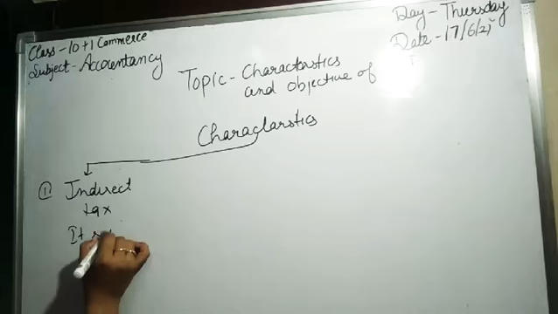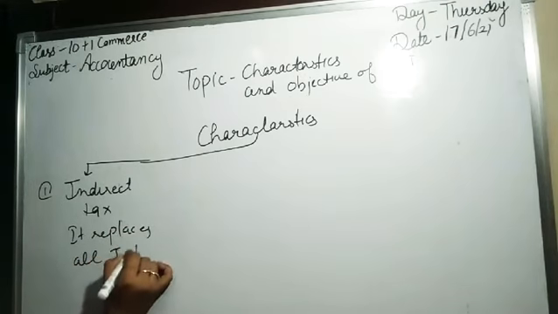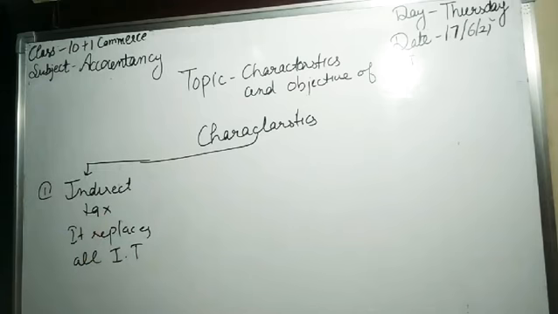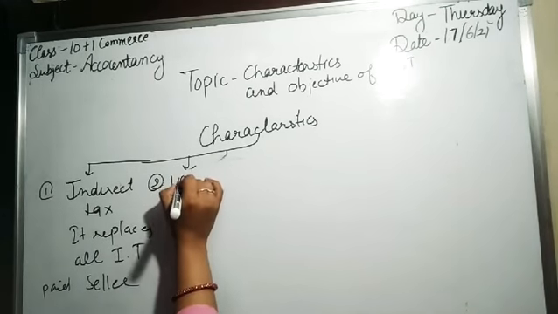It replaces all indirect taxes. And why is it an indirect tax? Because it is paid through the seller. When we buy something, the GST is added in the price of the commodity.